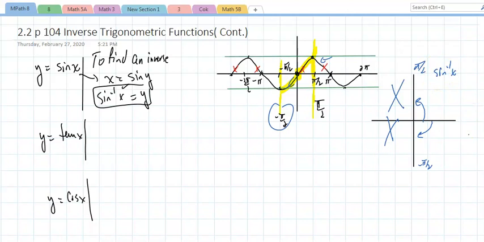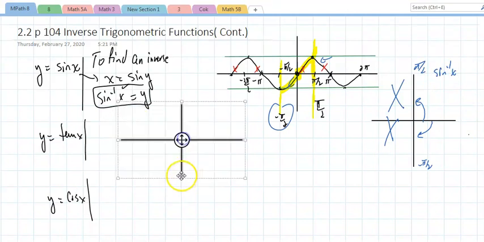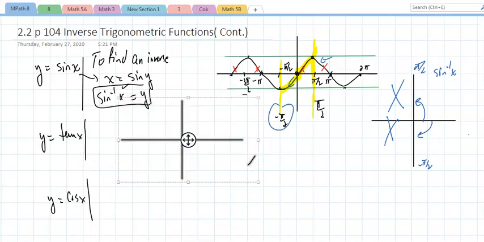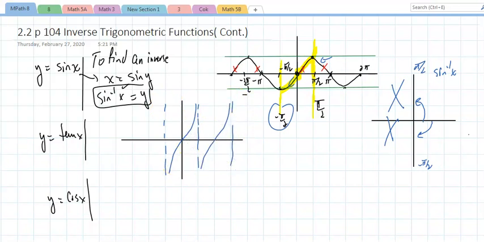If I look at the graph of a tangent, well, I notice, luckily, it behaves almost identical. That is, if I look at a graph, if I keep one cycle, if I run another cycle, I'm in trouble because this is no longer one-to-one.